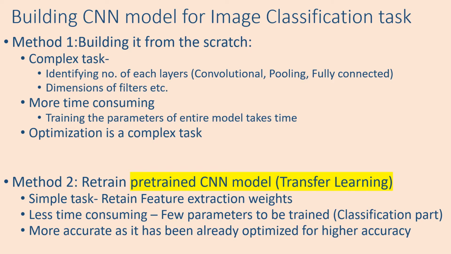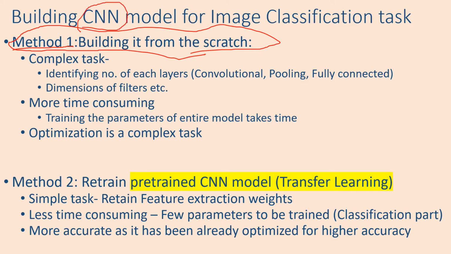Method one: here you can build it from scratch. You need to construct the CNN model for your given application. When I say build it from scratch, that means the CNN architecture will have different layers. The convolution layer is very important because it extracts the features of an image, and then you have pooling layers and fully connected layers at the end.